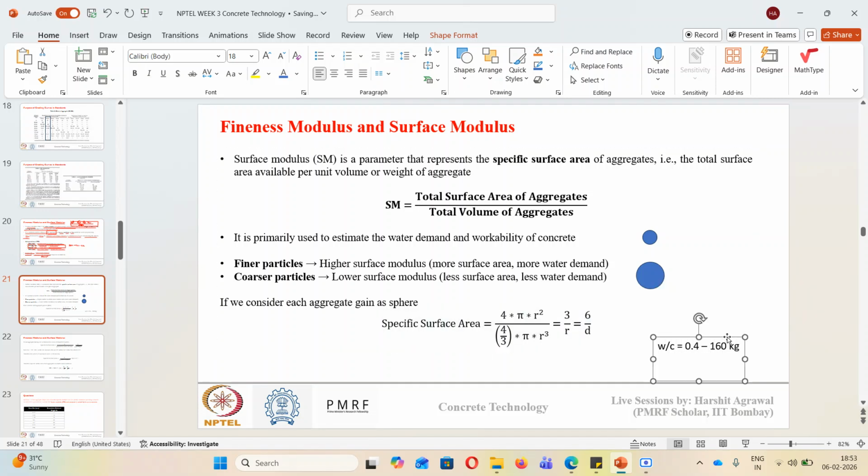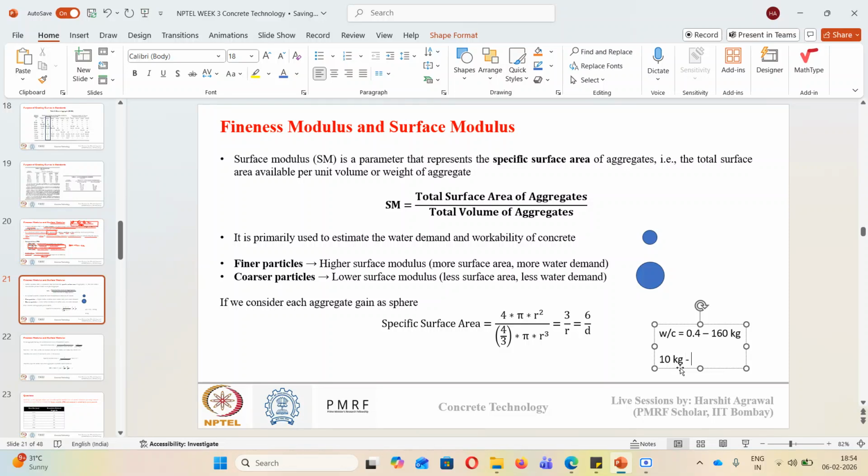Your aggregates are dry. As soon as you add water in concrete, aggregates will also absorb some water, because aggregates are porous in nature. They also have pores inside them. Higher water concentration is outside, lower water concentration is inside, so water will migrate into the aggregate pores to saturate the aggregate. Suppose 10 kg water is absorbed by the aggregates that you have added.